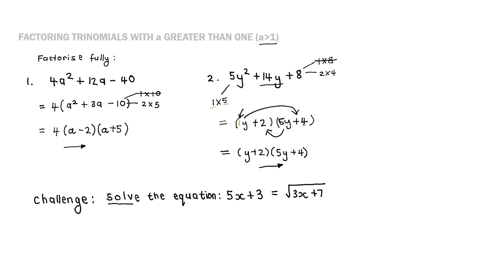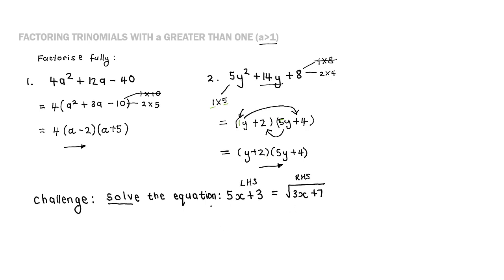And whenever we are asked to solve the equation, what they want us to do is to find the value of x such that if we plug this value of x back into this left-hand side and this right-hand side, we get the same answer.